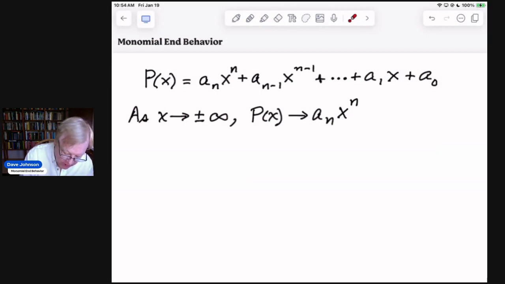So I've written here a general form for a polynomial. Again, it's a sum of terms. Usually we write them in descending order by degree. So a polynomial of degree n would be a sub n times x to the n plus other terms. Now, what I showed in part one of this series was that as x goes to plus or minus infinity, the polynomial will approach whatever the behavior of a sub n x to the n. In other words, the first term.